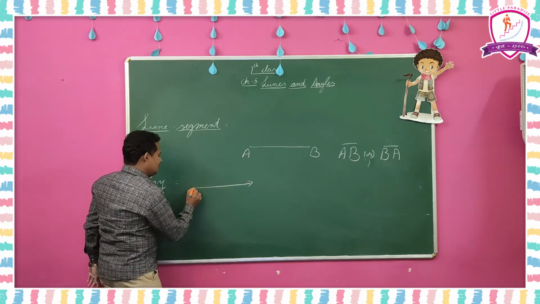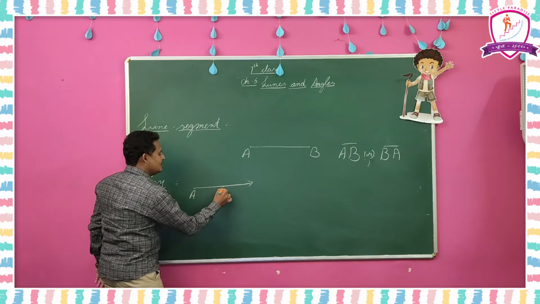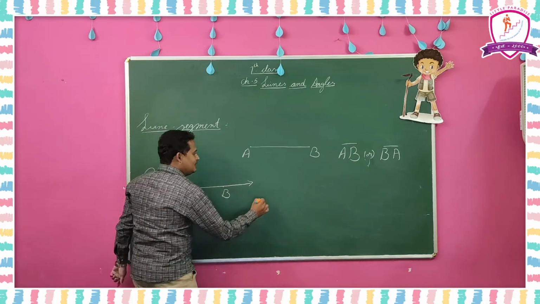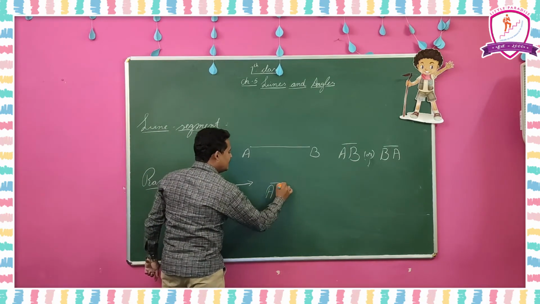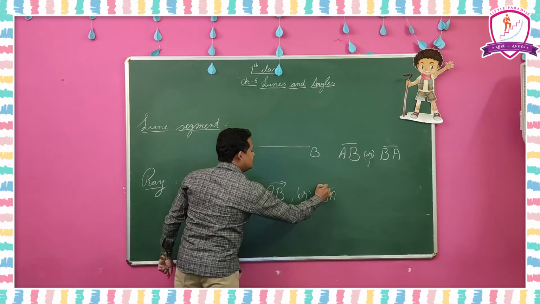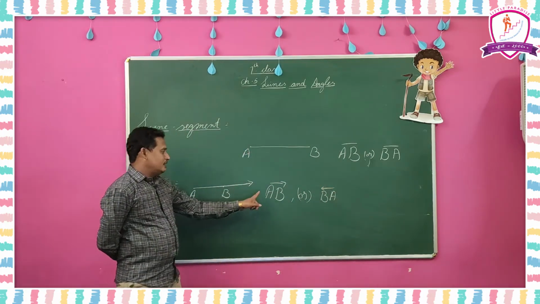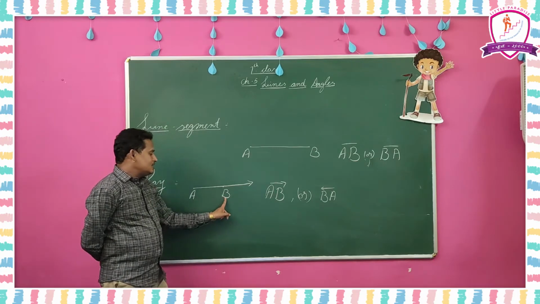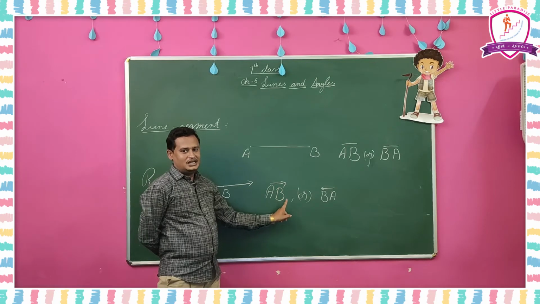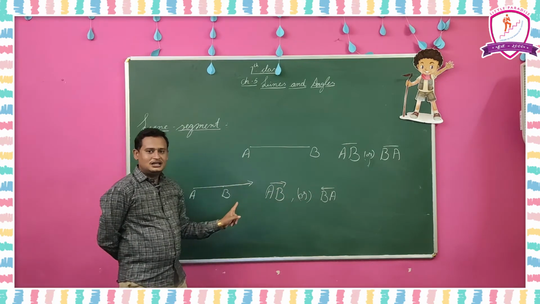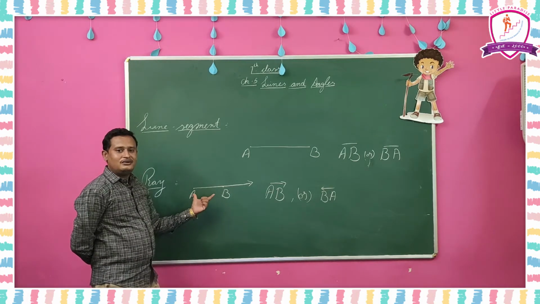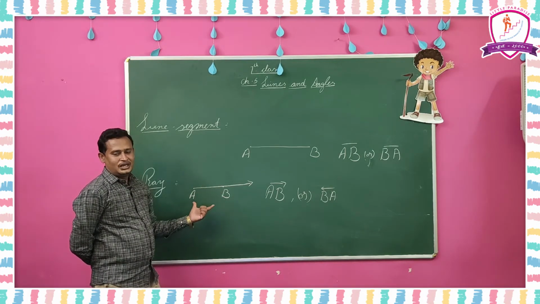If the initial point is A and it passes through B, we read it as ray AB, and the arrow must be towards B. You have to maintain that. It has only one endpoint, so you can't find the length of the ray either.